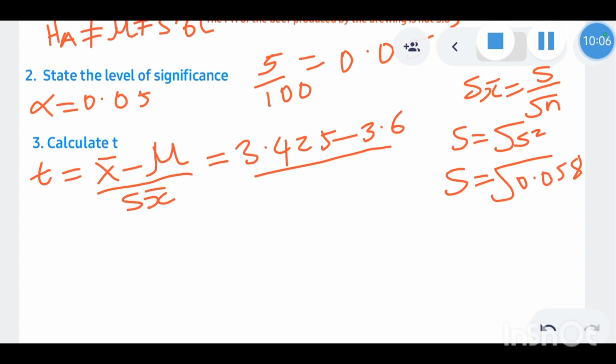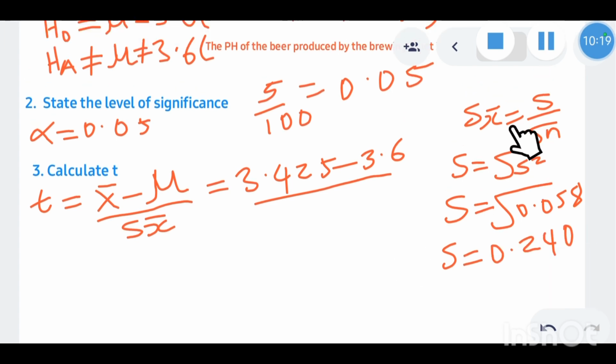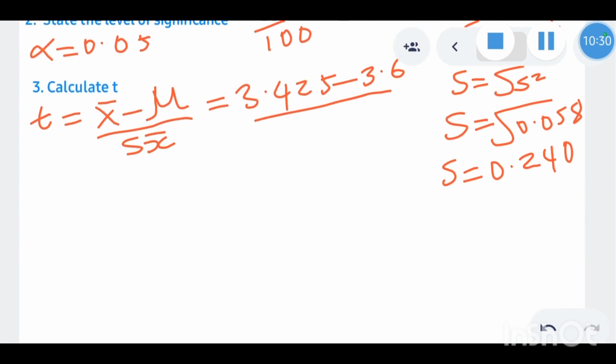Looking at the formula for calculating standard error, we did say standard error is standard deviation over root n. We just got the value for standard deviation, so we substitute that.